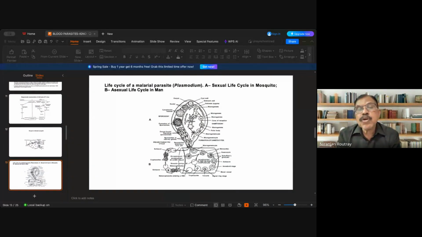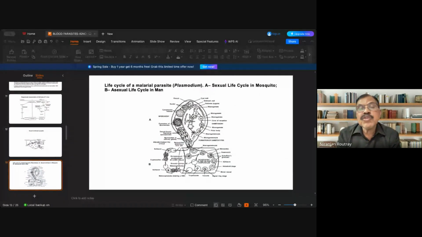So one microgamete, that is the male gamete, and one macrogamete fuse together, and after fusion the zygote is formed. The zygote becomes vermiform or worm-like, so that it can pierce the wall of the stomach of the mosquito and then get covered by a cyst covering known as the oocyst.